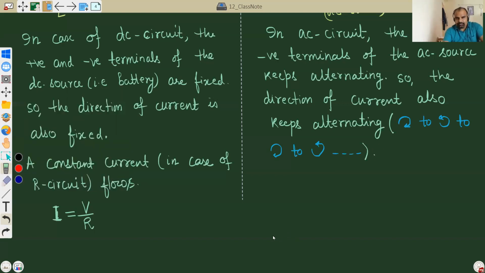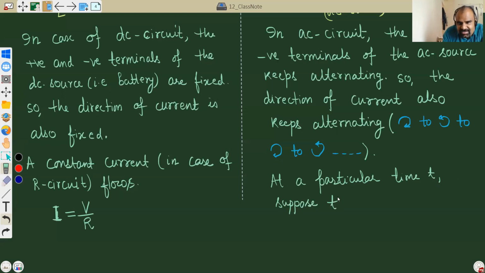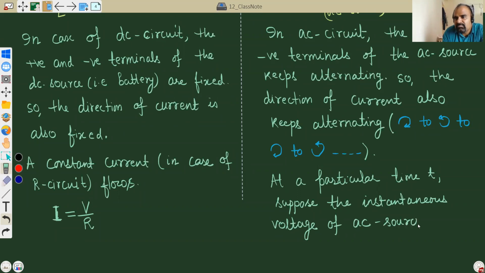Now, at a particular time t, suppose the instantaneous voltage of AC source is V inst equals V naught sine omega t.